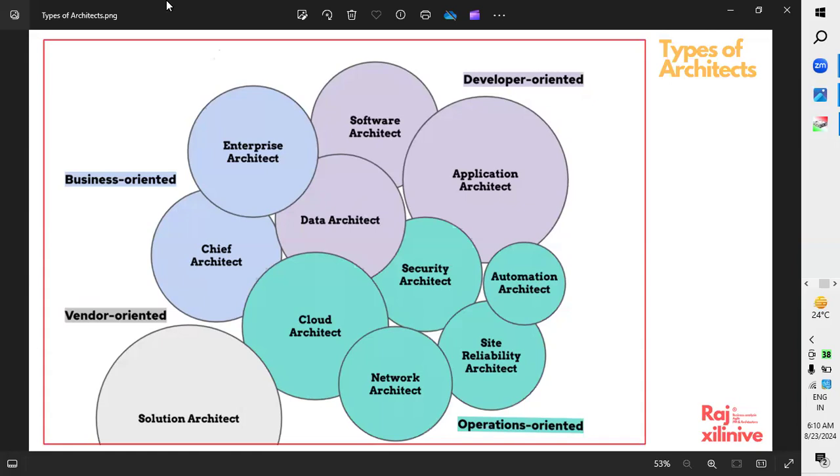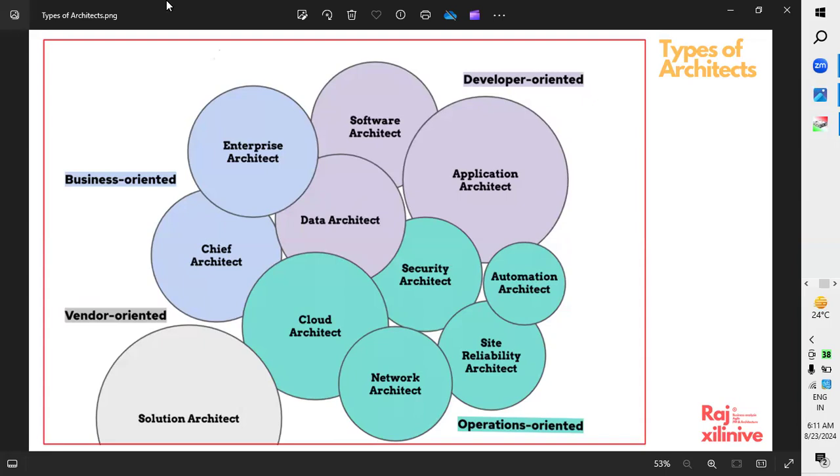I'll give you a scenario, the importance of enterprise architecture first. Let's say we are going to develop a core banking application for one of our customers who is in the banking domain. If you are a solution provider, we want to develop a solution for a particular project called core banking. What are the things you need to consider?